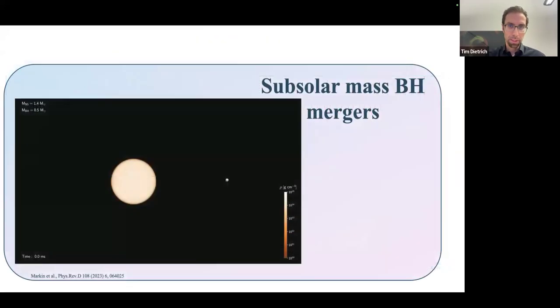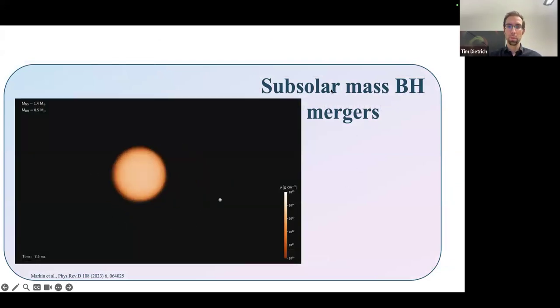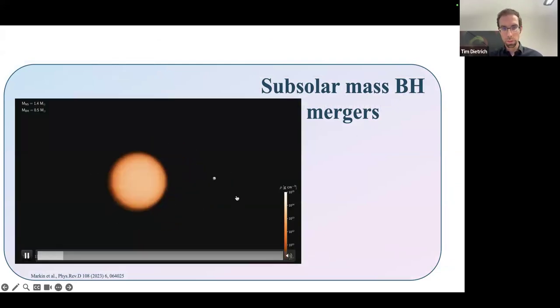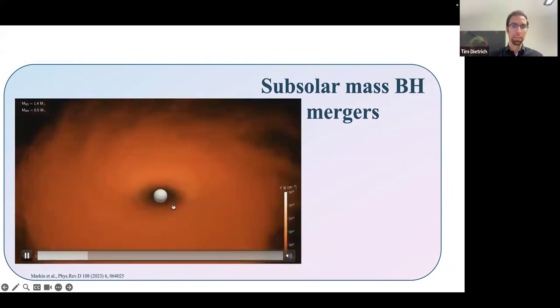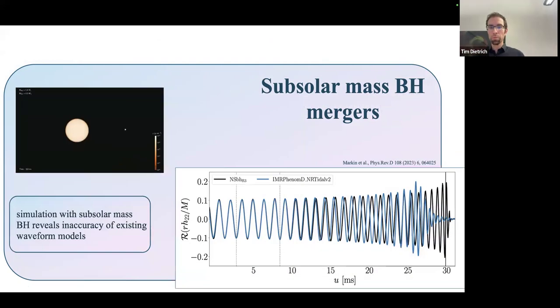And the last caveat is that also for these models, the issue is again the parameter space coverage. Here's a simulation movie of a sub-solar mass black hole with a neutron star. The sub-solar mass black hole disrupts the neutron star and then happily moves away through a kick. You can also compute the waveform for this. The numerical-relativity simulation waveform is shown in black.